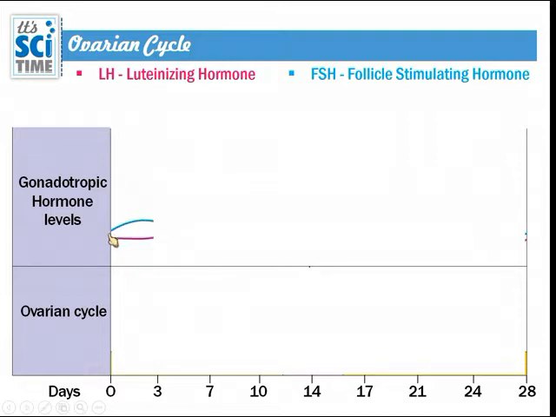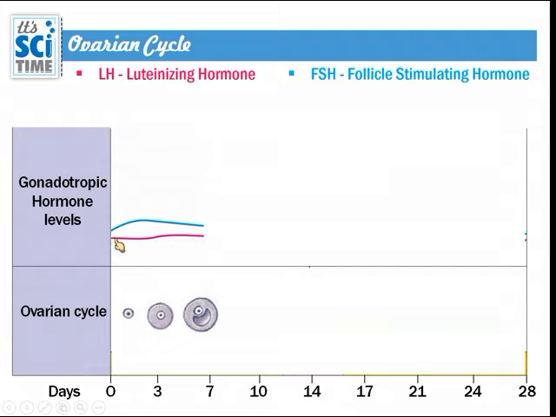You can see the FSH hormone level increasing gradually. That means the immature ova are now getting mature, and the luteinizing hormone is still at the same level. As a result of this increasing hormone level, these ova start maturation.